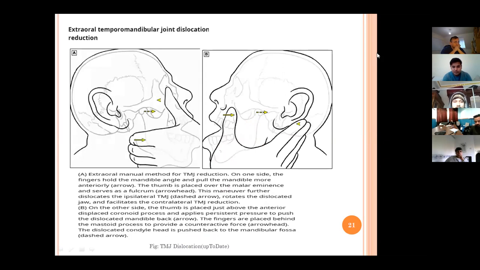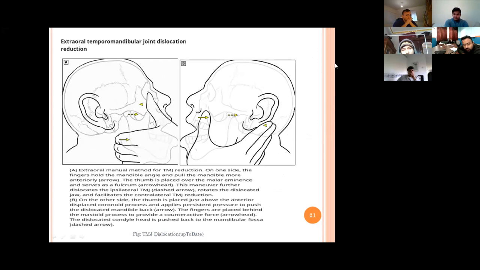And this is the extraoral technique for TMJ dislocation. This is usually done for unilateral joint dislocation.